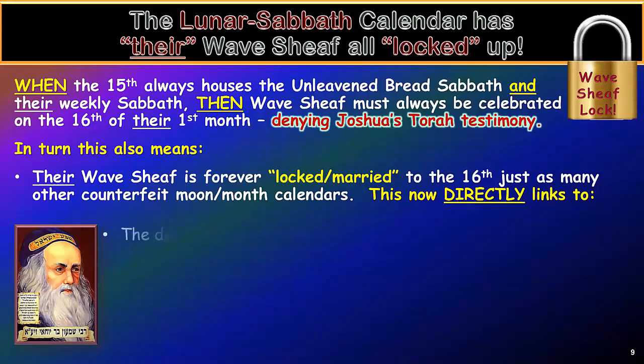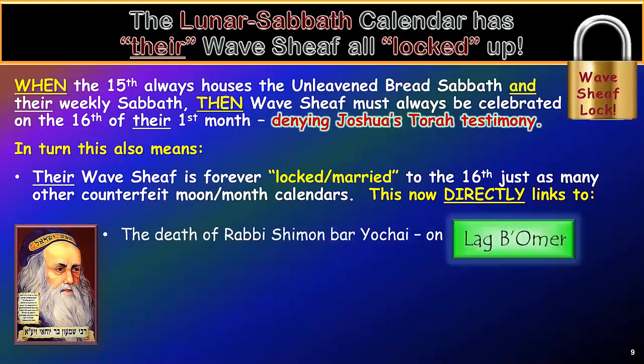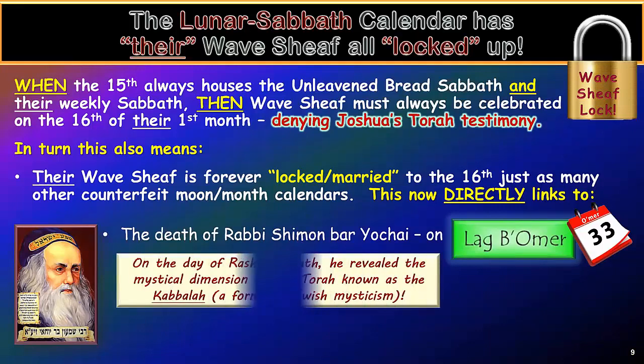This now directly links to the death of Rabbi Shimon bar Yochai on Lag BaOmer. Notice that 33 number there. That should raise a red flag immediately. Why? On the day of Rashbi's death, he revealed the mystical dimension of the Torah known as the Kabbalah, a form of Jewish mysticism.